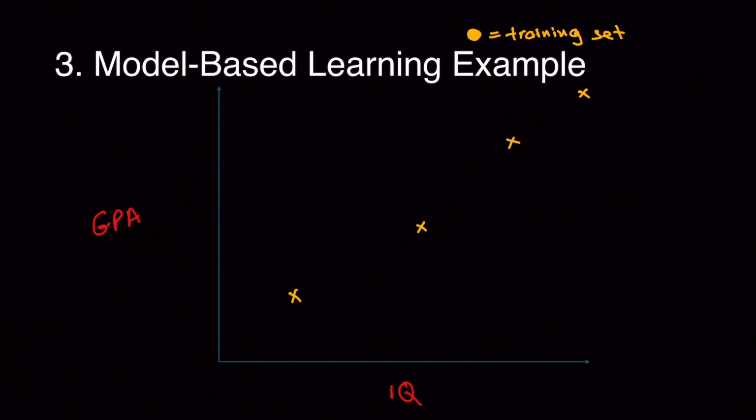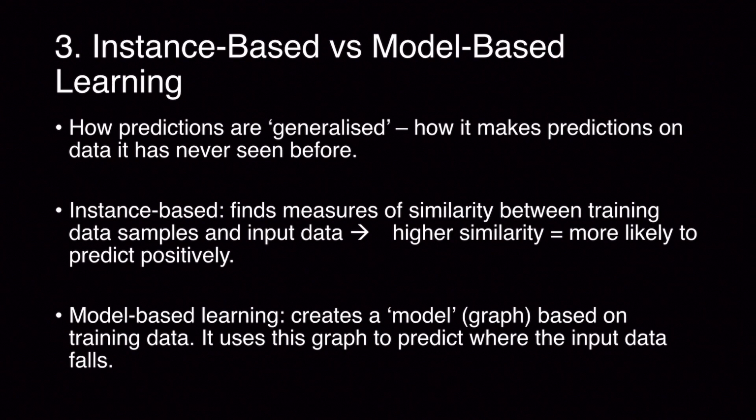The machine learning model would look at these points and try to figure out what kind of model to select. So just to go back to our previous slide, the model is the shape of the graph.